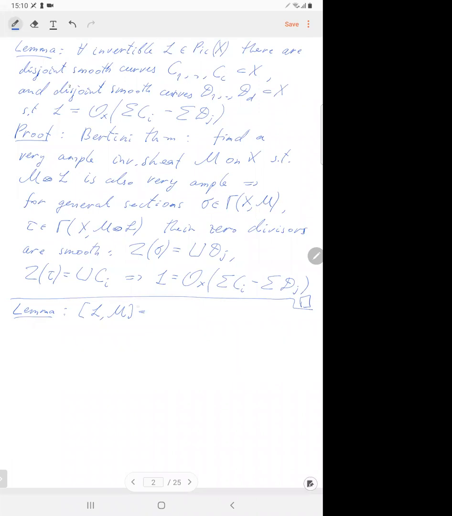Okay, so I will write this down. This is the sum of degrees of M restricted to those curves C_i, minus the sum of degrees of M restricted to the D_j's.